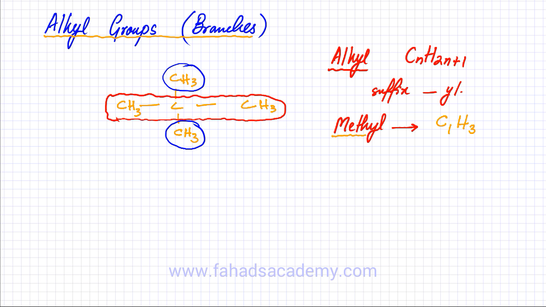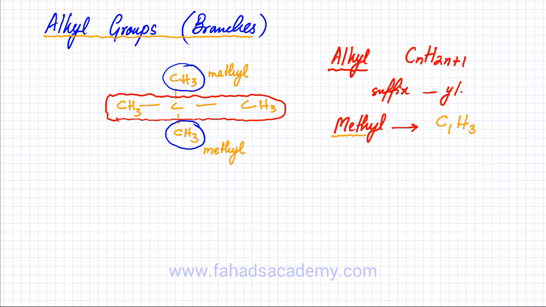So it's going to be CH3. So methyl would be CH3, and in this case, since this is CH3, this is a methyl branch. This also is a methyl branch. Similarly, you'll have ethyl branches, an ethyl branch.